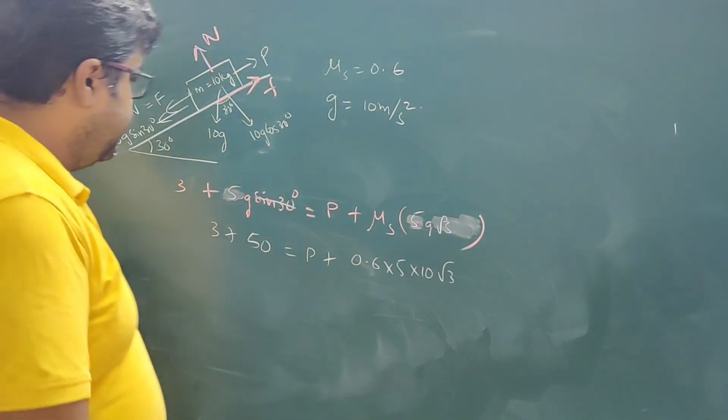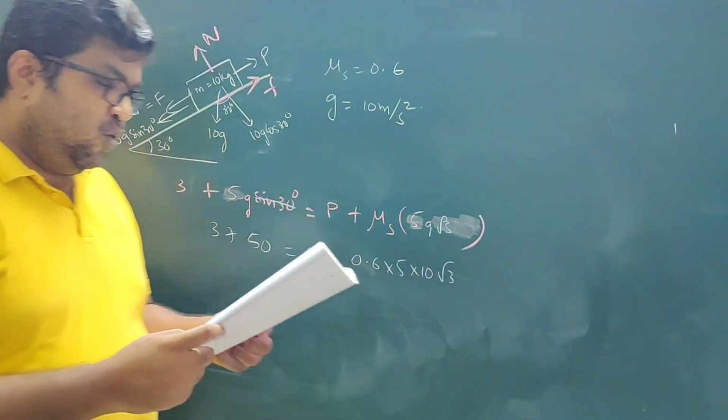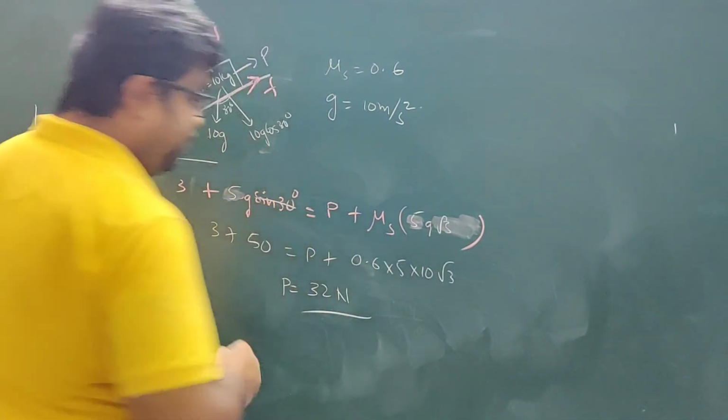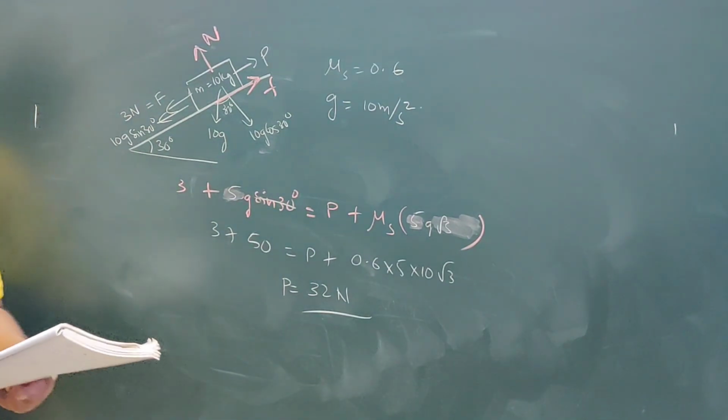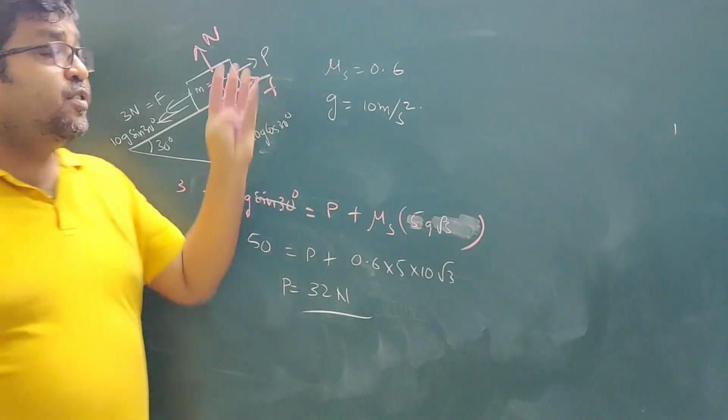If you simplify this, the calculation can be done by you. This value comes to be around 32 Newton. So this is how you have to solve. Here the important concept is the direction of the friction.